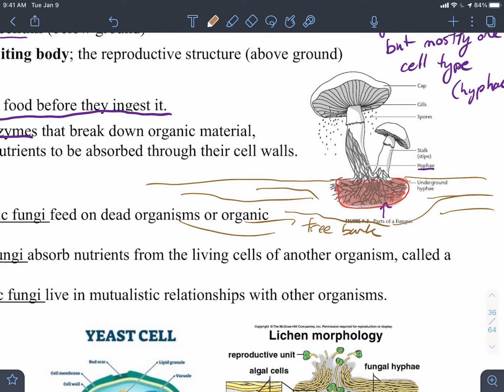So in this zone where there are enzymes, the enzymes digest the bark, and then the hyphae absorb the digested material.